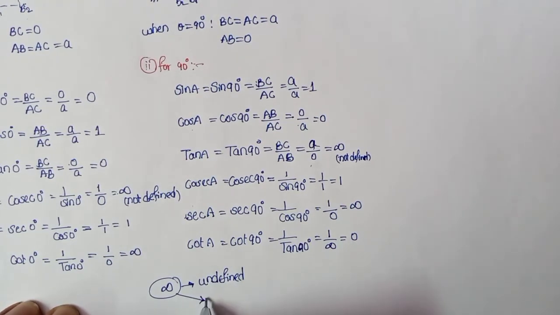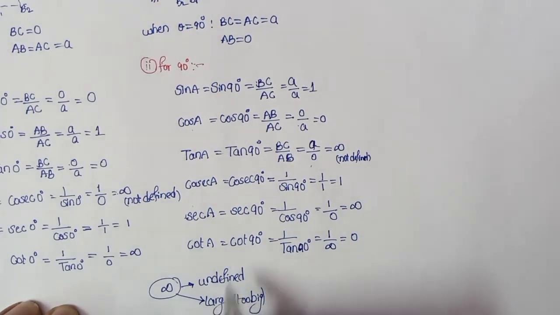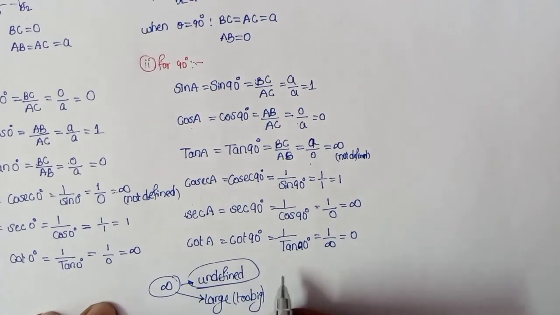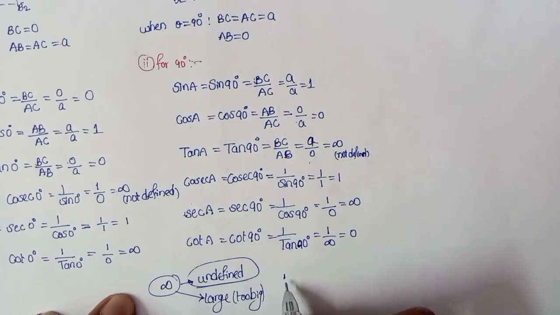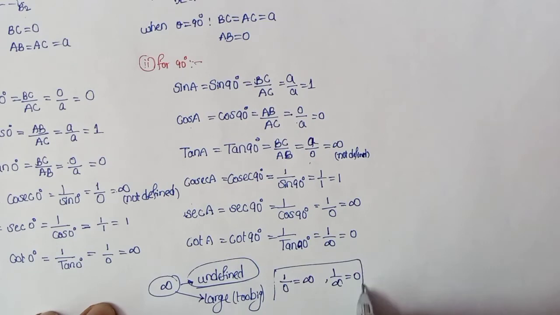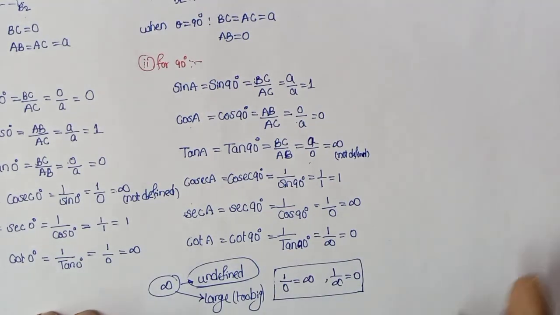The second meaning is large, that is a too big number. So 1 by 0 means infinity, and the second thing is 1 by infinity is 0. You remember these two things, this is enough.